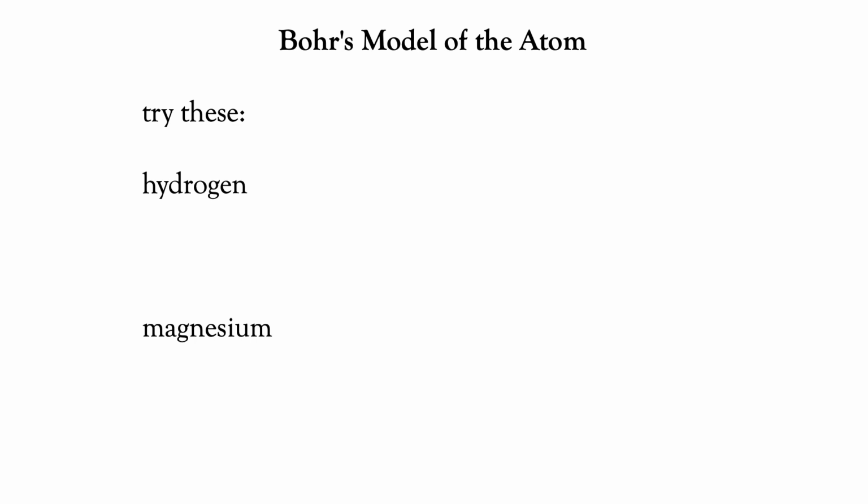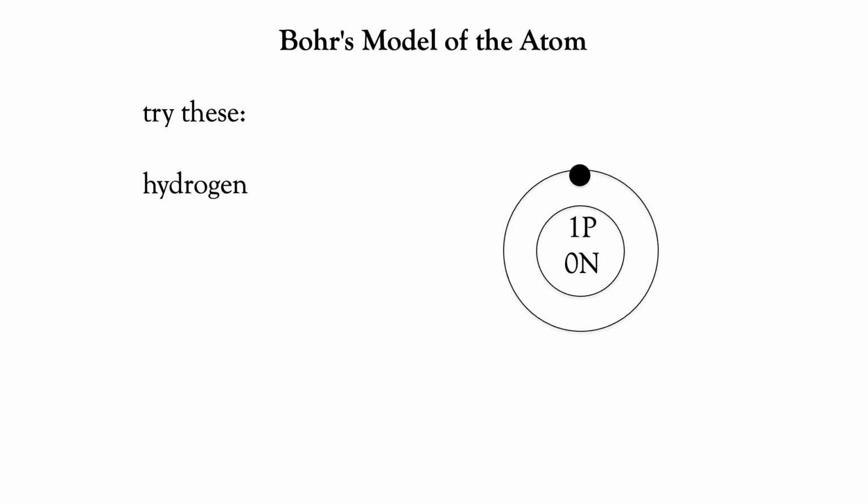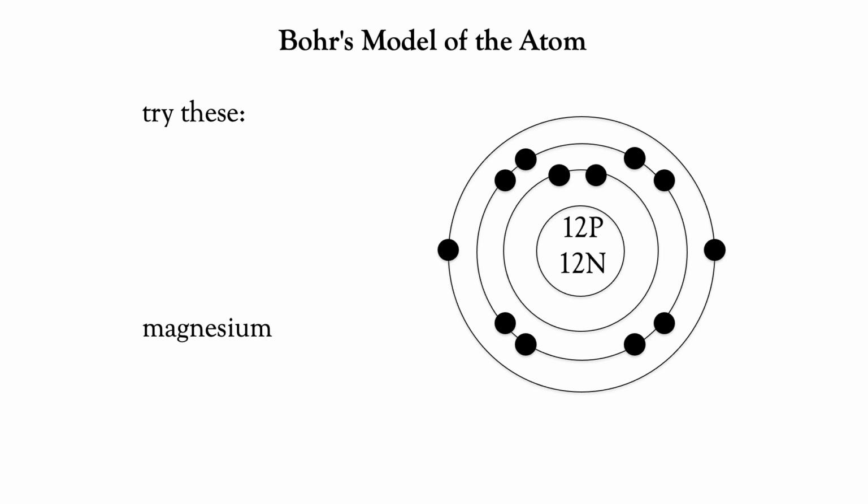Now you try these elements, like hydrogen and magnesium. For hydrogen, it has 1 proton and 0 neutrons. And since it has 1 proton, it also has 1 electron. How about magnesium? You have 12 protons and 12 neutrons.